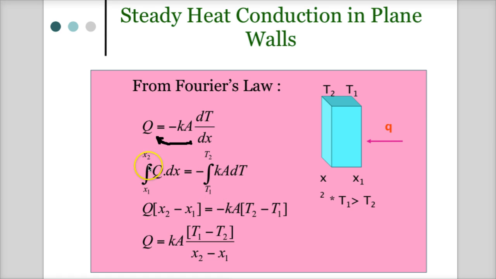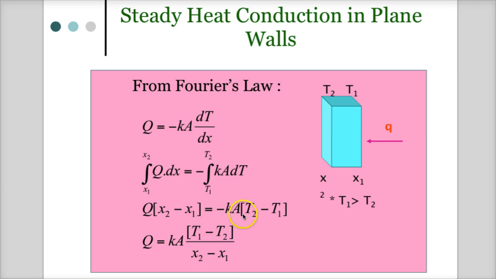You integrate over x, which is the thickness, from x1 to x2, and temperature from T1 to T2. The integration rule is: integral of 1 dx gives you x, so x2 minus x1. This is the integration rule, Form 5, I think Form 5 or Form 4, SPM.